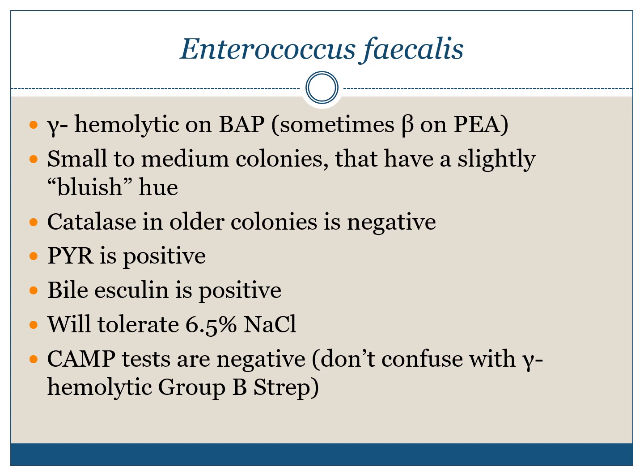They're catalase negative in older colonies, but they can be catalase positive if they are less than 24 hours old, and that's a weak catalase positive. Okay, PYR is positive, bile esculin is positive, and they will tolerate 6.5% sodium chloride. The CAMP test is negative. The only reason we would even do the CAMP test is we want to rule out our gamma hemolytic group B strep.